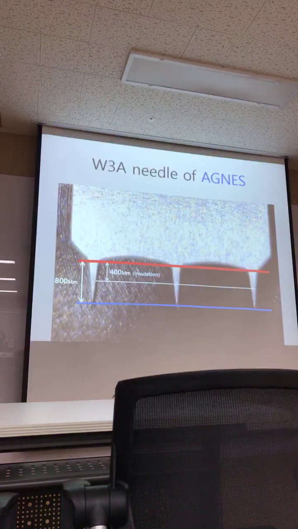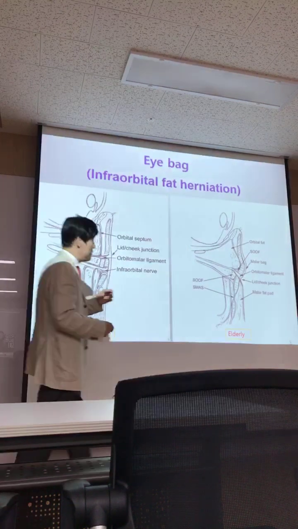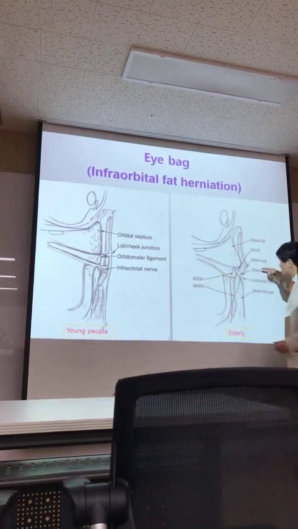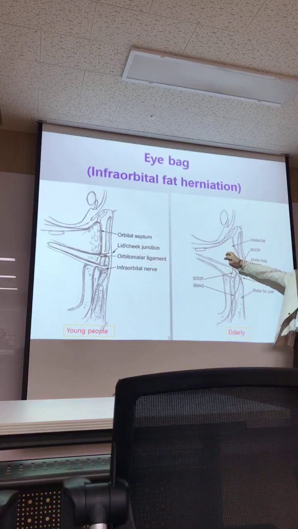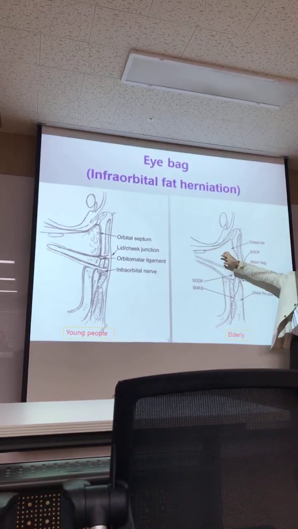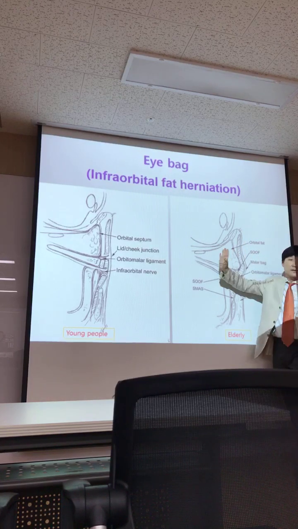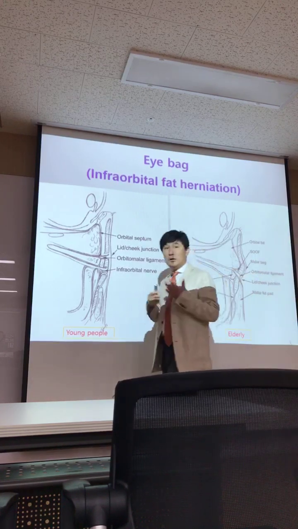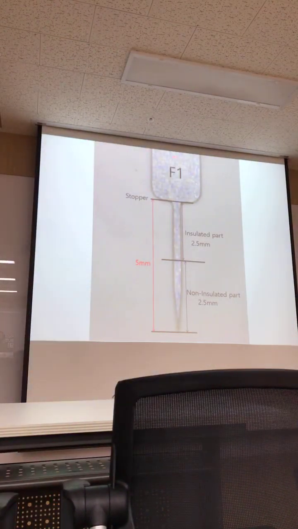And then I thought, if we insert a needle into the fat pocket directly and melt down the fat, we can reduce the volume, tighten and reduce volume, which makes more improvement. So this is the F needle.